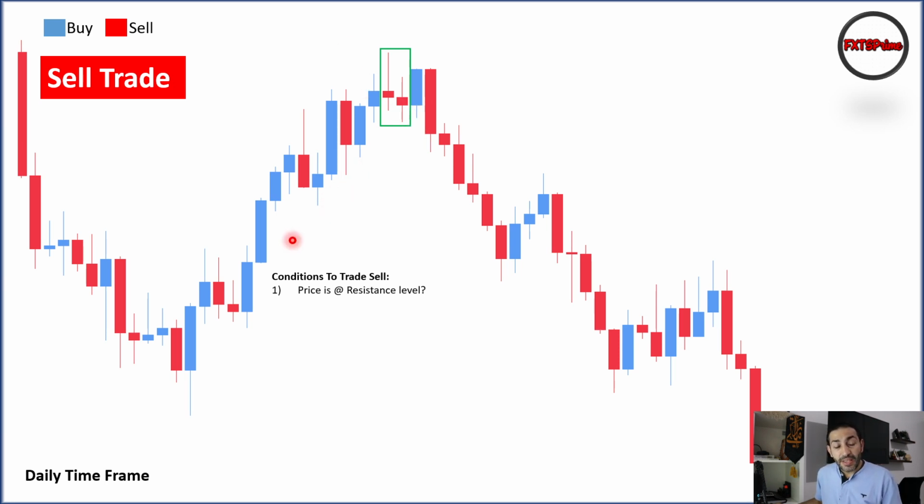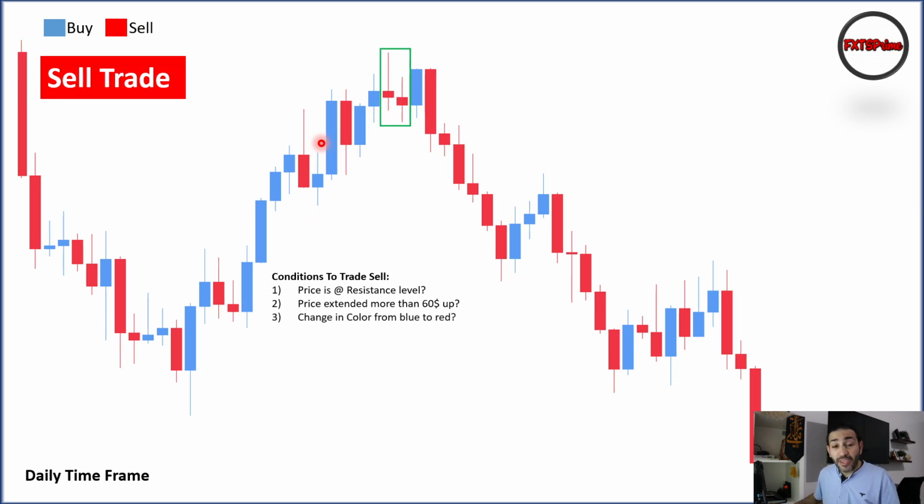I will say yes, price is at resistance level because it has come after a long rally, a very long movement, and it has made this spinning bar. Second condition to take this entry: has the price moved or extended more than $60 up? Yes, I can see more than $120 on the daily time frame.